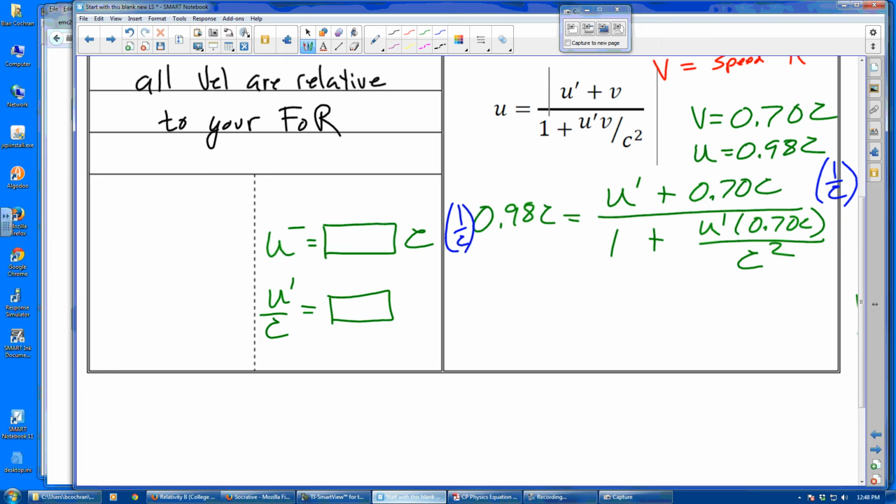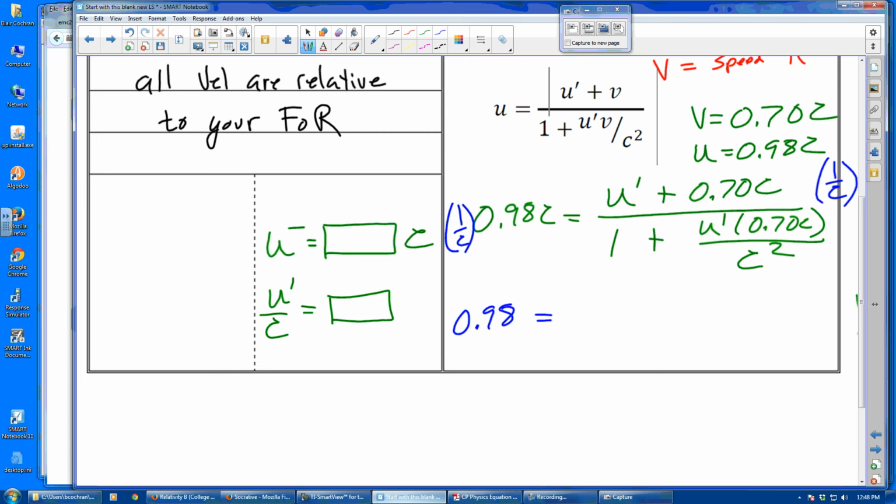When I multiply the whole side by 1 over C, I have a choice. I can either multiply the top by 1 over C, or multiply the bottom by C, because of fractions. I'm going to choose to just multiply the top. So if I take 0.98 C and multiply it by 1 over C, I get 0.98.